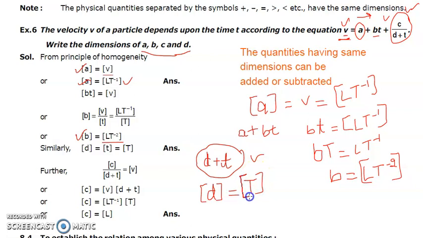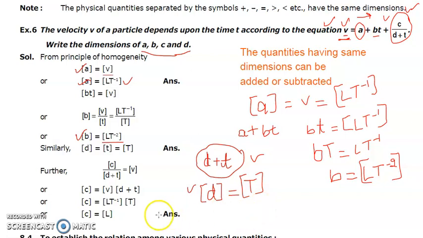I hope you are getting what I am trying to say. The quantities which are having same dimensions should be added, and d has been added to t. T is having the dimensions for time, so d should have the dimensions for time if the equation has to be dimensionally correct.